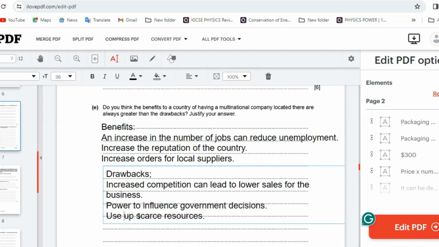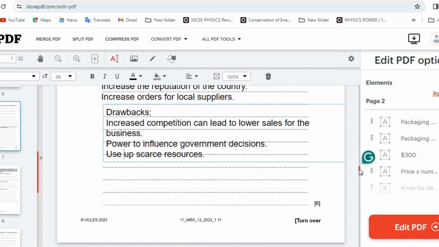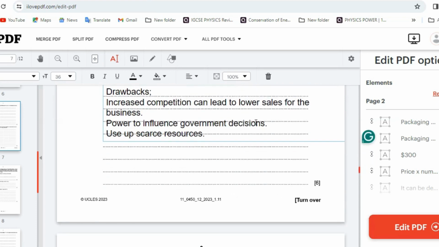Now let's see whether the benefit is greater than the drawbacks. You can actually pick one out of this and justify your answer on it. Okay, let's put the text here.